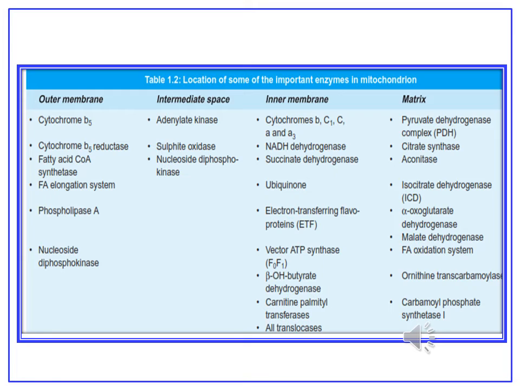The inner matrix of mitochondria contains pyruvate dehydrogenase complex, citrate synthase, aconitase, isocitrate dehydrogenase, alpha oxoglutarate dehydrogenase, malate dehydrogenase, fatty acid oxidation system, ornithine transcarbamylase and carbamoyl phosphate synthetase 1.